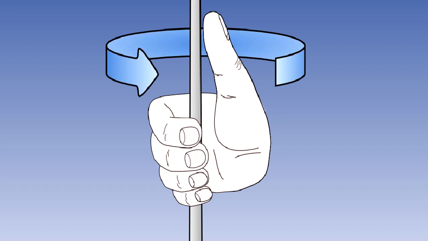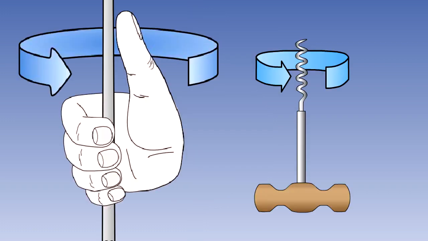The direction in which your fingers now naturally curl around the wire is the direction of the magnetic field. Because of the similarity between this method and the direction a right-handed corkscrew needs to be turned to screw it in, the method is called the corkscrew rule.